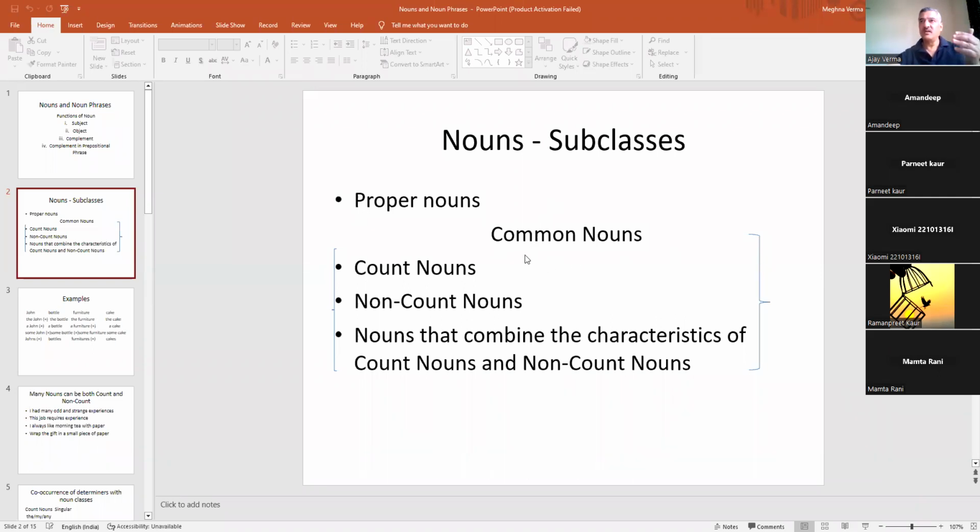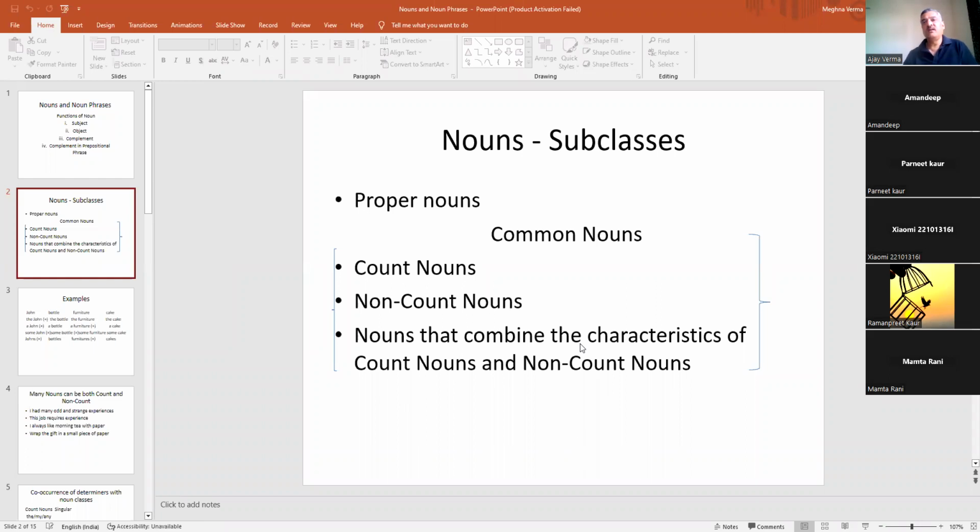But the book subclassifies nouns into count nouns, non-count nouns, and nouns that combine the characteristics of count nouns and non-count nouns. So there are count nouns. Traditional grammars use the term countable nouns.